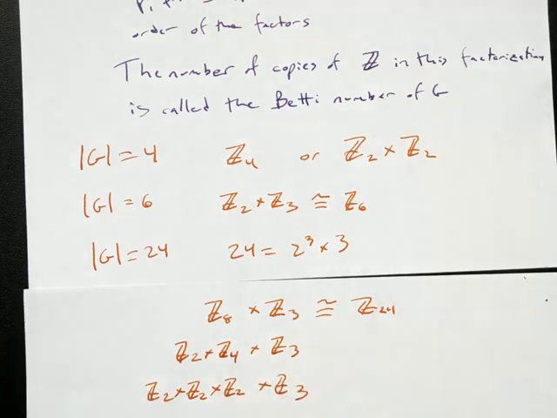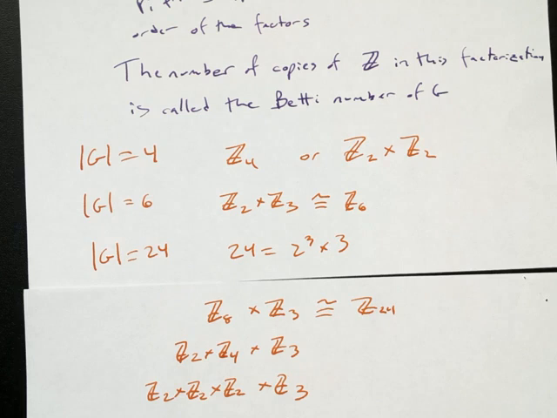So here's an interesting idea. If you give me an abelian group with 24 things in it, there are only 3 ways to arrange those. A cyclic group, a group with pairs in it, a group with triples in it. Every abelian group of size 24 looks like one of those.